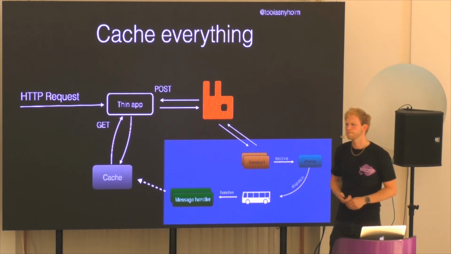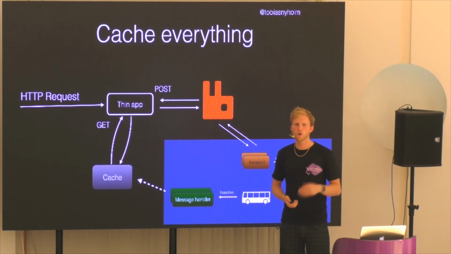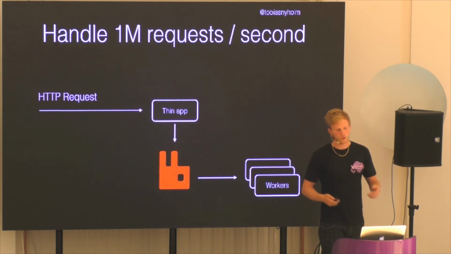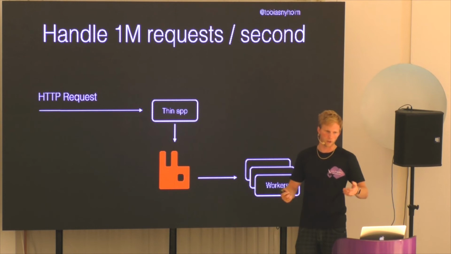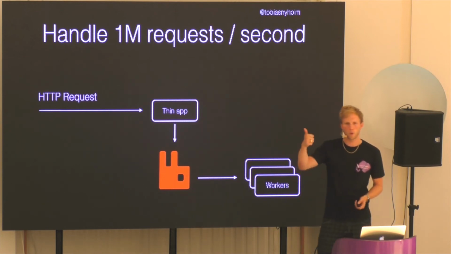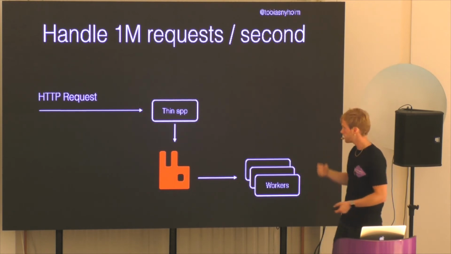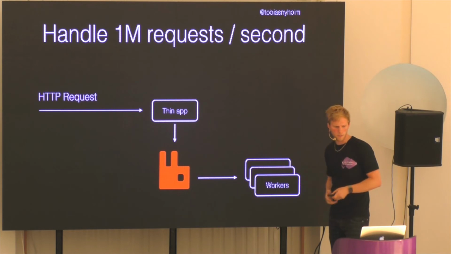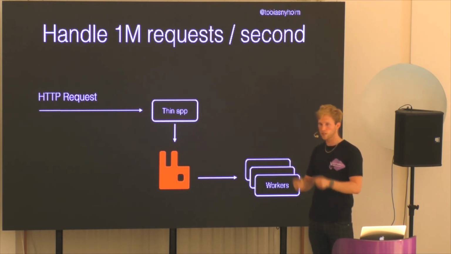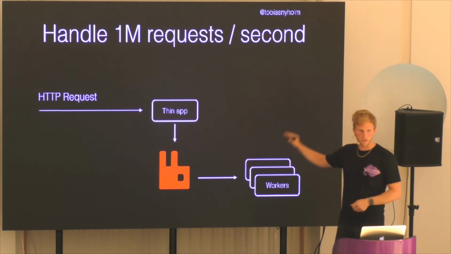Also, I've heard many presentations saying, hey, how can we serve 1 million requests per second with a framework or no framework or whatever? And the number one solution is just use Varnish, just cache everything. The second solution is doing something like this. An HTTP request comes in, and you have a thin application that just says 200 OK, and then stores the message on the queue.